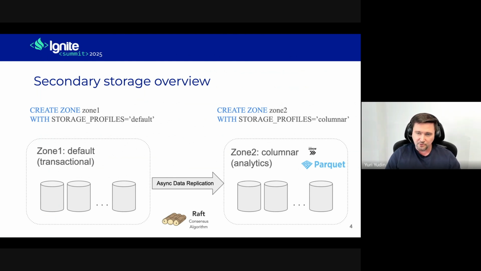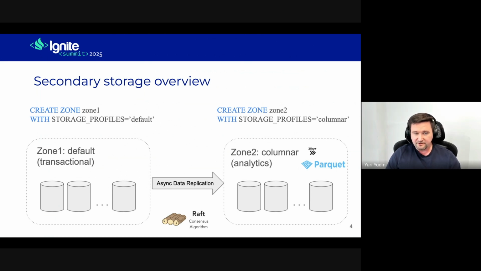With the secondary storage enabled, the table is created with two zones. One of them is called primary, and is used for all your transactional load as usual, and a secondary. The data arriving at the primary zone is asynchronously copied into the secondary zone, which is in turn backed up by the secondary storage engine, in our case, columnar.